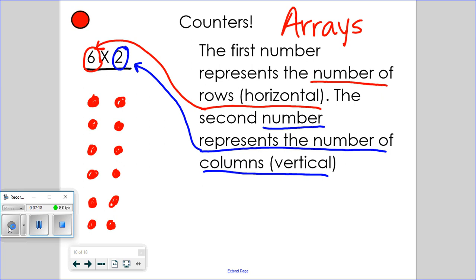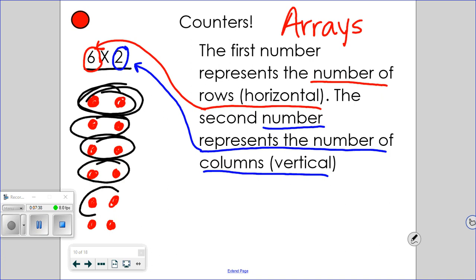Remember, our first number, that 6, tells us how many rows there are. Look at my rows. Ready? 1, 2, 3, 4, 5, 6.